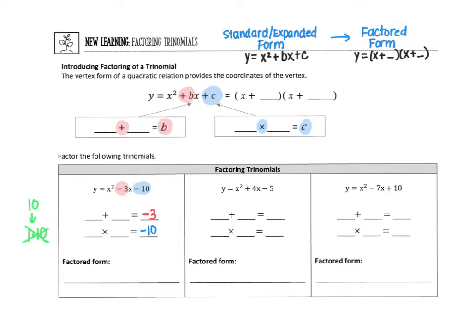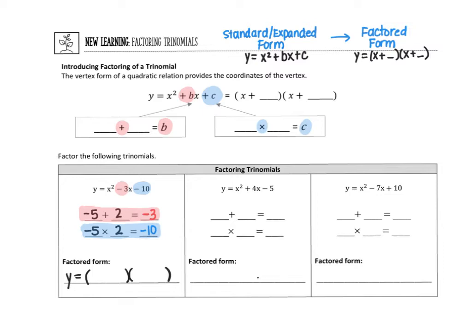We could then look at 2 and 5. If we explore a 2 and a 5, we can work them so that we get -3. We'll need to make the 5 negative and the 2 positive, so that when we multiply -5 by 2, we get -10, but when we add -5 plus 2, we get -3. So these will become our factors.